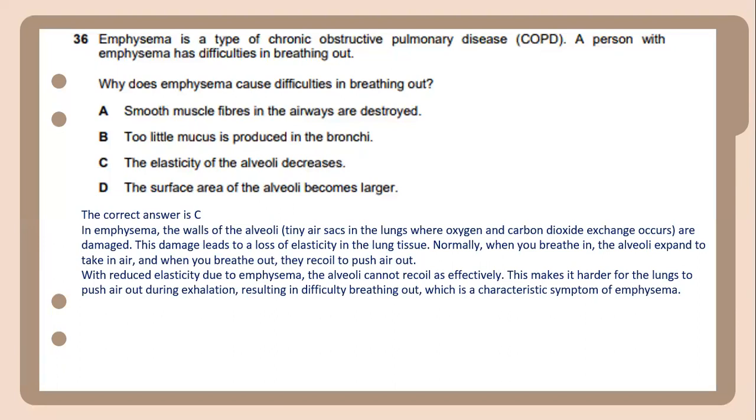With reduced elasticity due to emphysema, the alveoli cannot recoil as effectively. This makes it harder for the lungs to push air out during exhalation, resulting in difficulty breathing out, which is a characteristic symptom of emphysema.